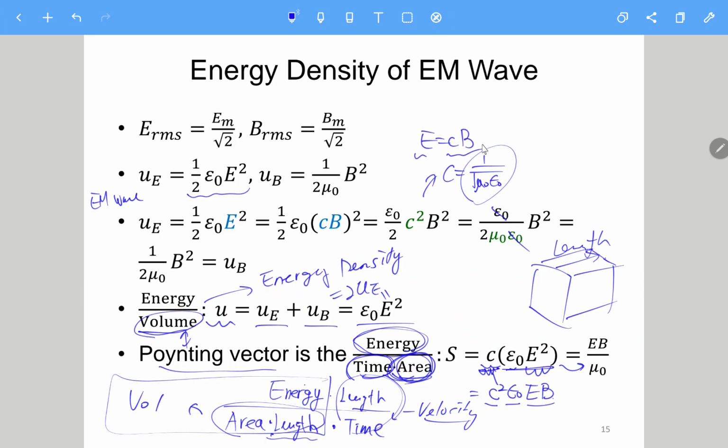C is 1 over square root of mu naught epsilon naught, which means C squared is 1 over mu naught epsilon naught. So we multiply by epsilon naught EB, and epsilon naught cancels. Finally, it becomes EB over mu naught.